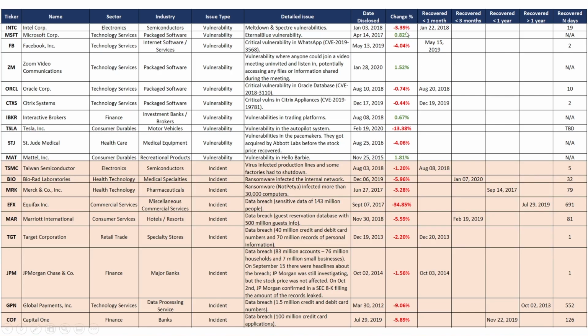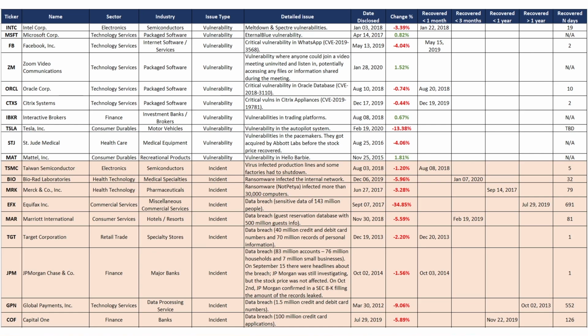So, as you can see, many of the price changes are small, less than 4 or 5%. 4 of them are even positive. That means that Wall Street didn't care about the vulnerability reported, right? And those who were affected, most of them recovered in less than 1 month. In a couple of days, or in 10 days.